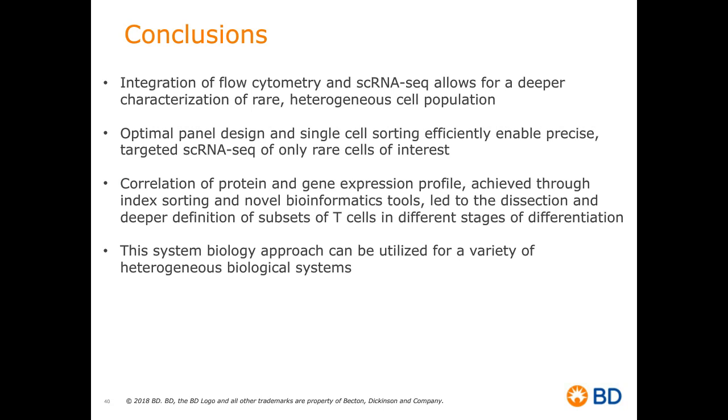Furthermore, we show the correlation of protein and gene expression profiles that we were able to achieve through index sorting and novel bioinformatic tools led to the dissection and deeper definition of subsets of T cells in different stages of differentiation. And of course, this was used as a model system just to emphasize these technologies and this approach, but the same approach can be utilized for a variety of heterogeneous biological systems.